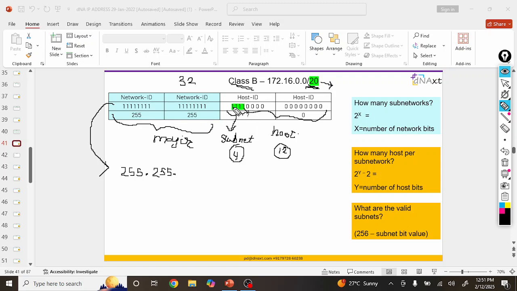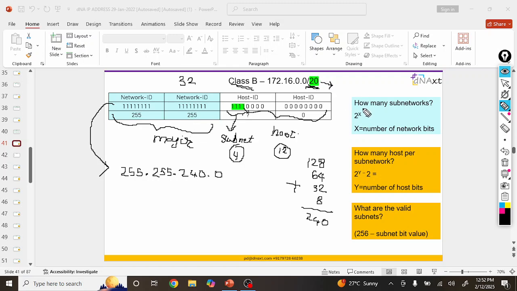In the third octet, only 4 bits are on, so the value is 128 plus 64 plus 32 plus 16, that comes out as 240. Since in the last octet all the bits are 0, we get the decimal value as 0. So 255.255.240.0 is the subnet mask of slash 20.